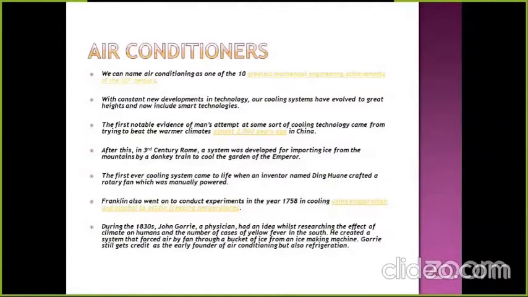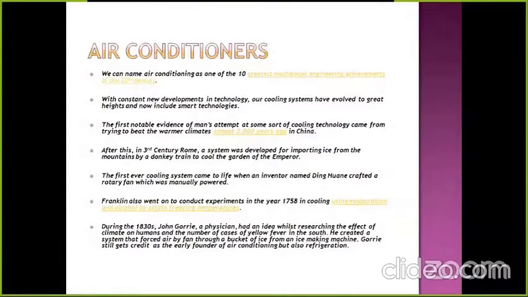So in today's market, in today's era, HVAC is playing a major role, and we'll discuss it in this webinar.